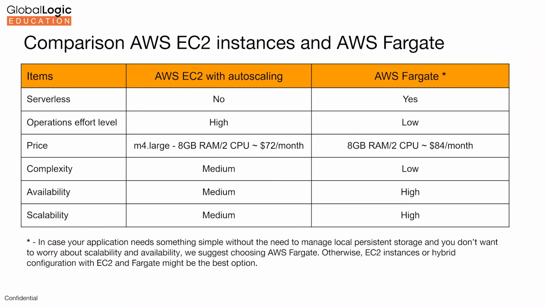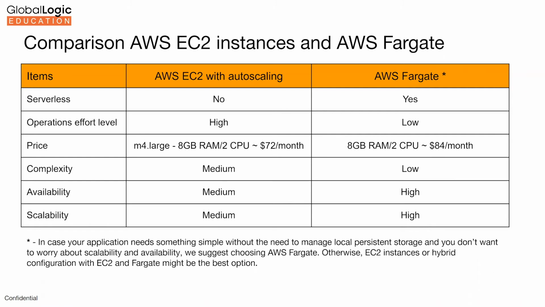With both solutions, EKS and ECS, the same set of limits apply. I think what we should really touch is pricing, and this means much more for EKS than for ECS, because with Fargate you pay for all the resources that you provision. So let's say you have some application that requires memory, CPU, you pay for whatever you have specified in your requests.